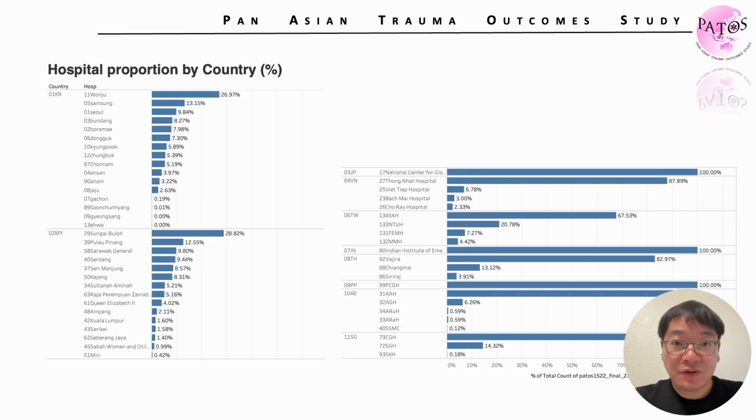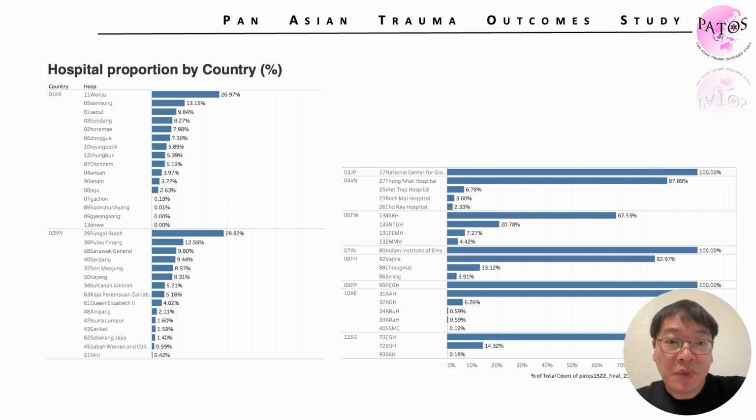This graph shows the participating hospital proportion by country. On your left side, Korea and Malaysia have more than 10 participating hospitals. The most active hospitals do not exceed 30%. In South Korea, Wonju Hospital about 27%, and Selayang Buloh Hospital in Malaysia about 29%.